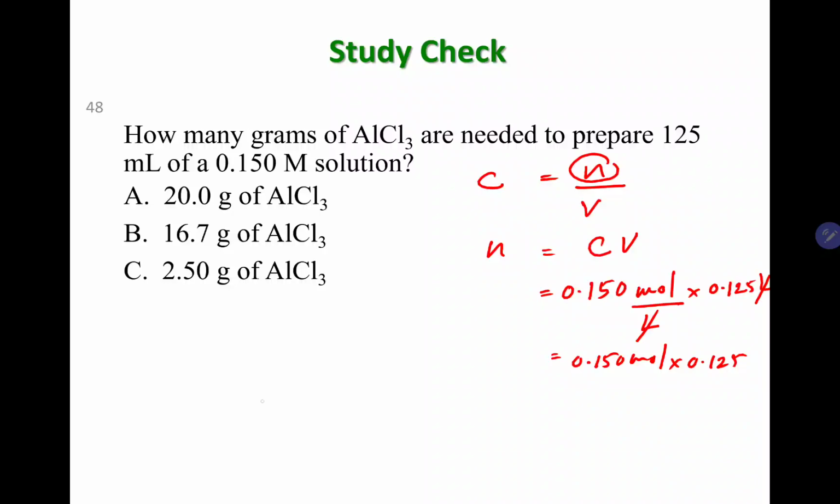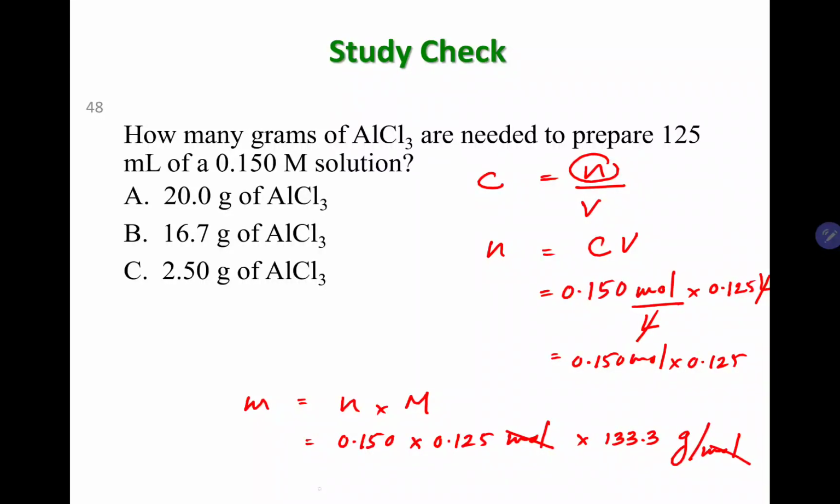To get the mass, you take the number of moles and you multiply it by the molar mass. So 0.125 moles multiplied by the molar mass of aluminium chloride, which is around 133.3 grams per mole.